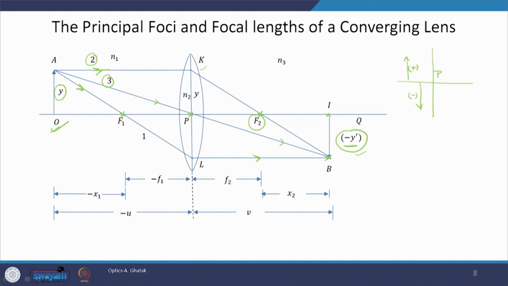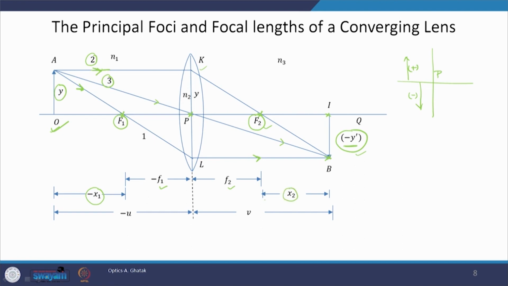Now, this first focal point f1 is at a distance f1 from the lens. The second focal point f2 is at a distance f2 from the lens. The object from the first focal point is situated at distance x1, while the image from the second focal point is situated at a distance x2.